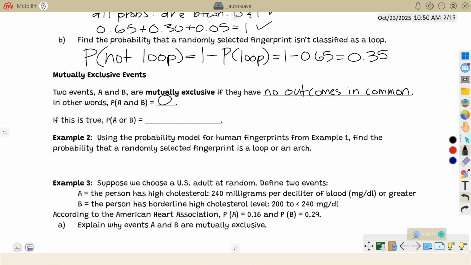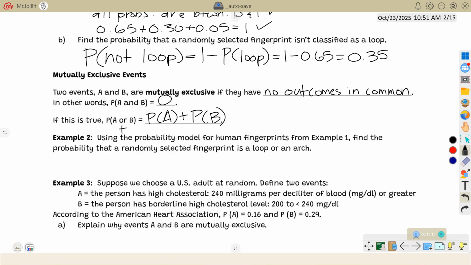If they have no outcomes in common, there's no overlap between these two events, the probability of getting a king or a queen is just the probability of king plus the probability of queen. So when I see or, it is telling me to add.